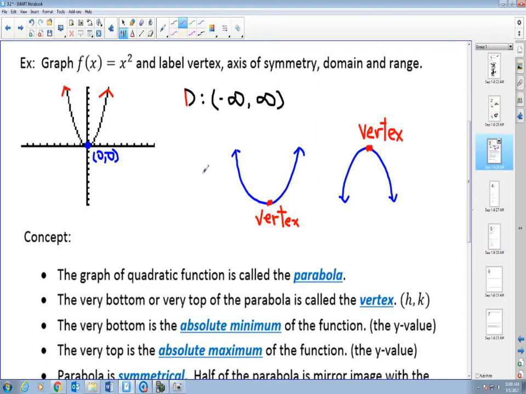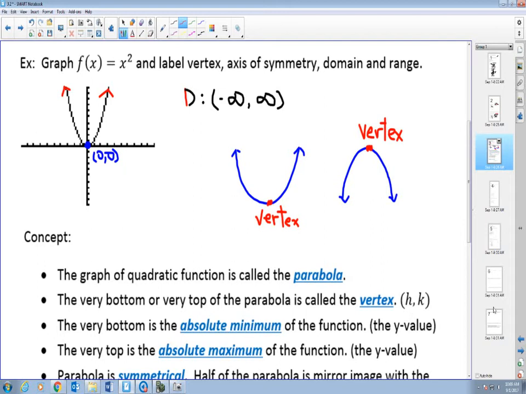Alright, the very bottom, in application type problems, my vertex is called the absolute minimum. When we're talking about the absolute minimum, we are referring to the y value. We can say, where does the minimum occur? That will be the x value.